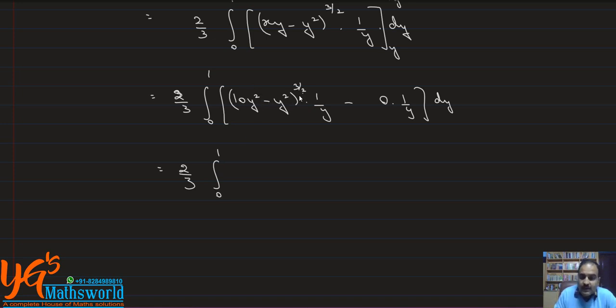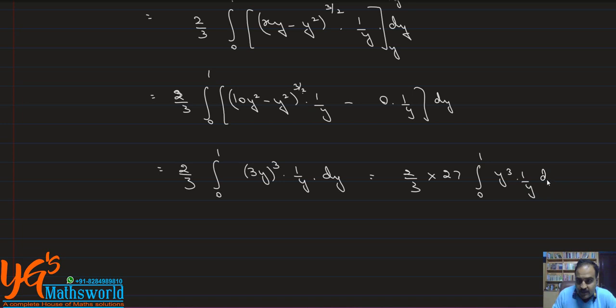The square root of 9y square will be 3y, so (3y) cube into 1 upon y, dy. So it will be 2 by 3. Now 3 cube will be 27, integral 0 to 1, y cube into 1 upon y, dy. So 3 ones are 3, 9 twos are 18, times the integral from 0 to 1 of y square dy.